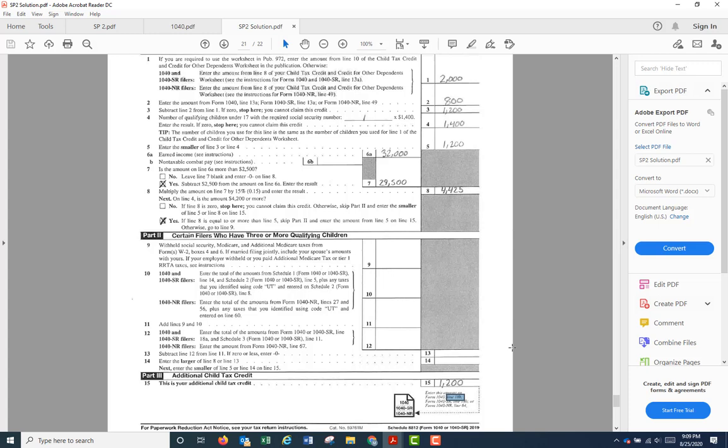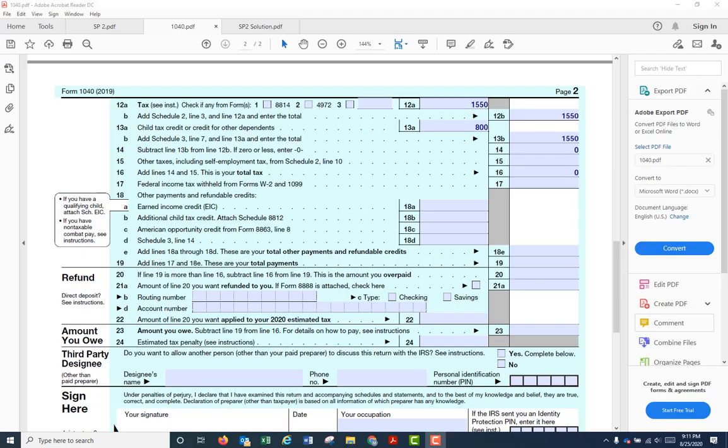Let's go back to the Form 1040. $1,200 from Schedule 8812 is reported, carried over to line 18B. Additional child tax credit.